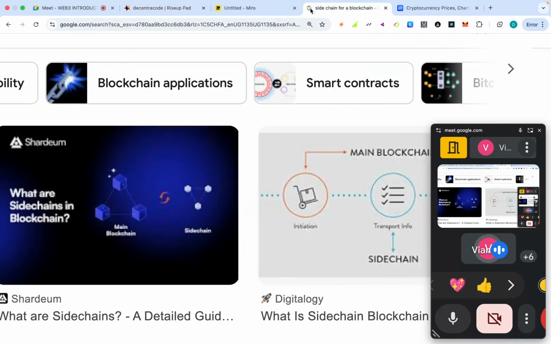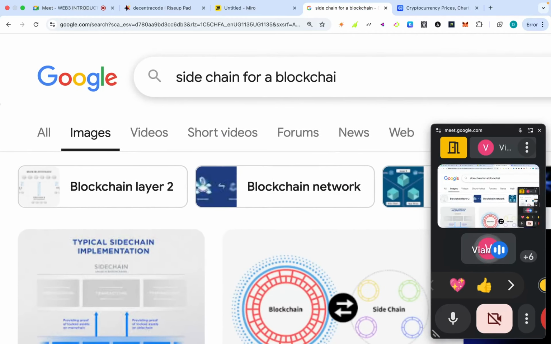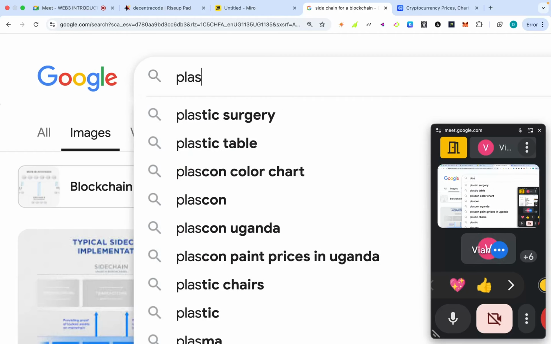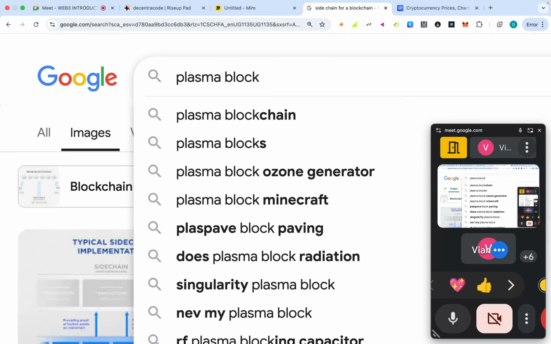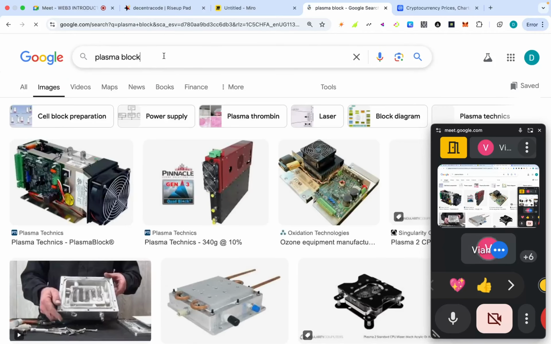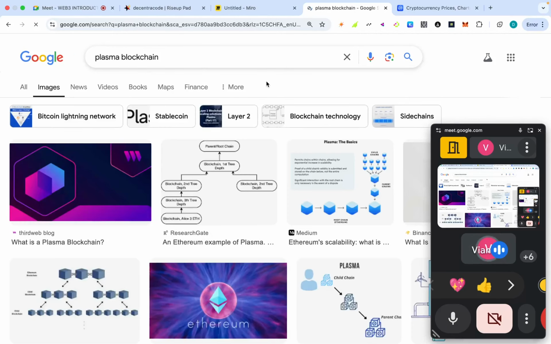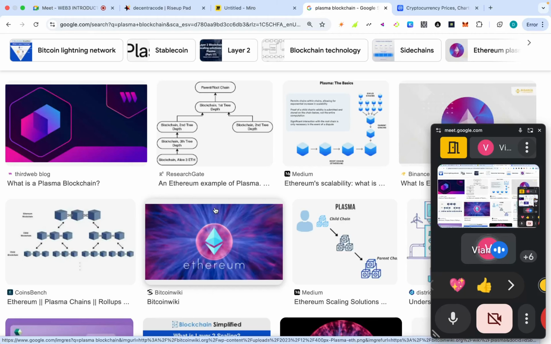Let me take a look at it. It's essentially like a bigger ecosystem of side chains. And just like all other layer 2s, they deliver proofs. Where is plasma blockchain? Let me see what it looks like.